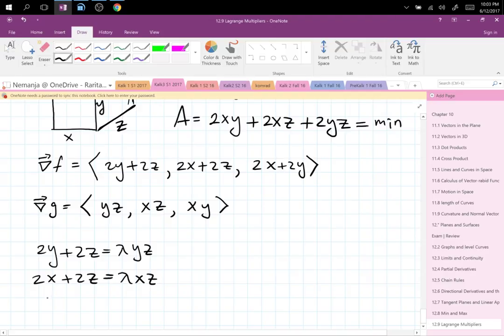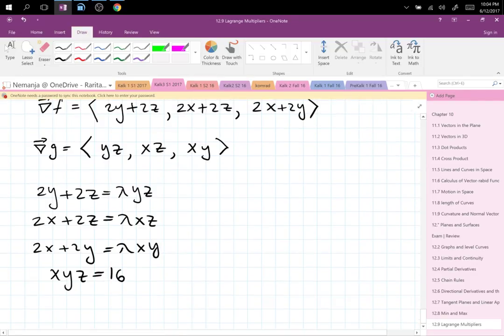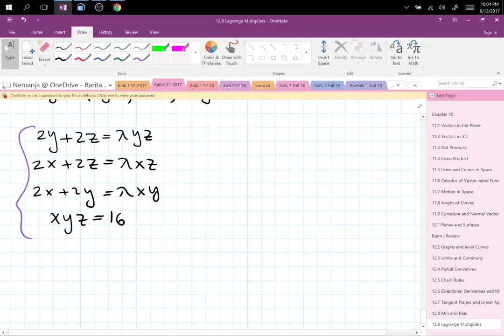And we have 2x plus 2y equals lambda xy. And we have xyz equals 16. And now we have the system. Now we need to solve this.